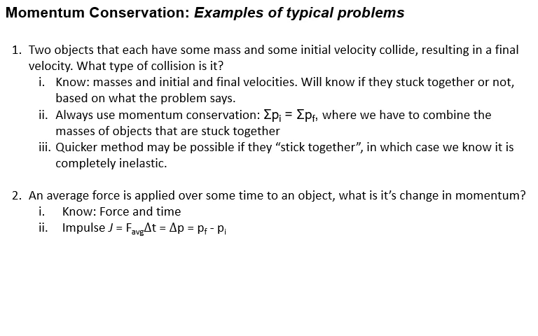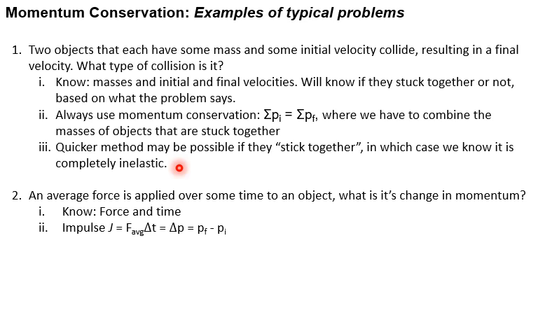Here are two typical types of problems. Let's say, for instance, you're told about two objects that initially have some mass, they have some initial velocity, they collide, and this results in a final velocity. And then you're asked, let's say, what type of collision is it? So you know the masses, the initial and final velocities. If the problem says they stuck together, then we're all done. Then it's completely inelastic.